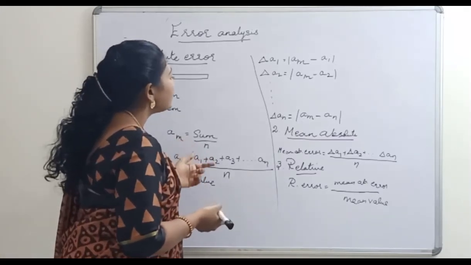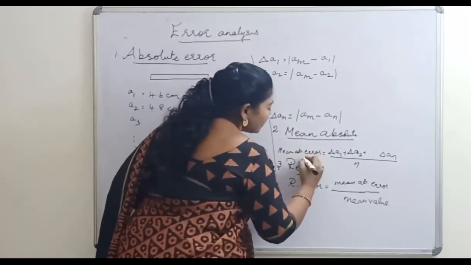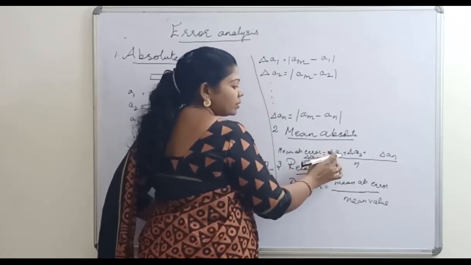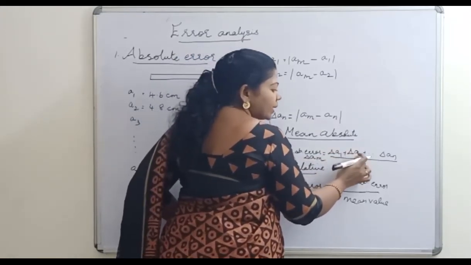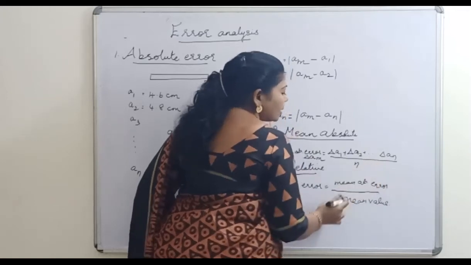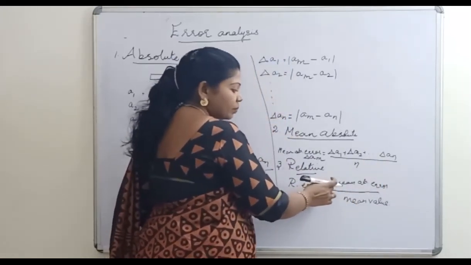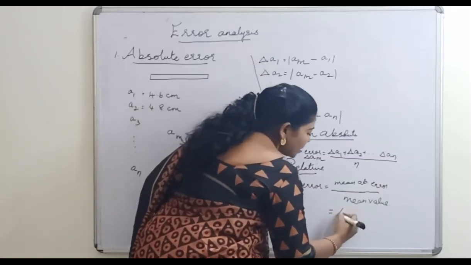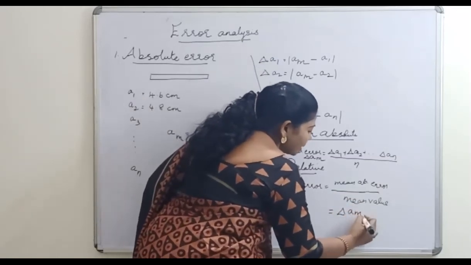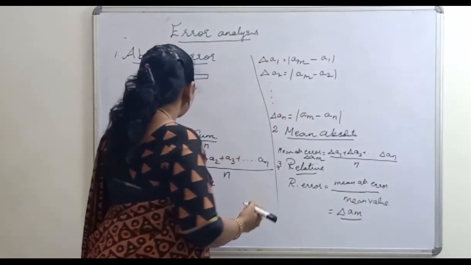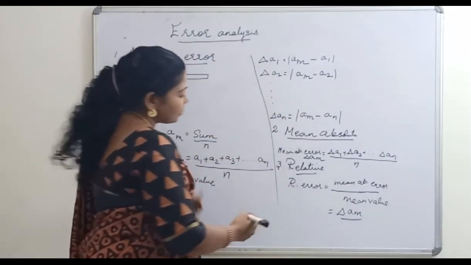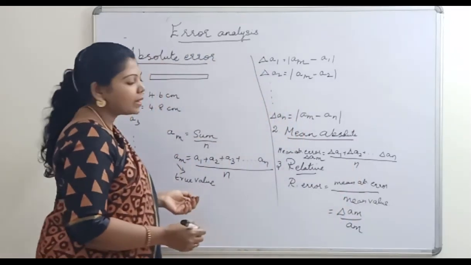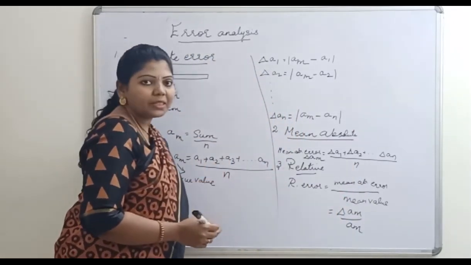So mean absolute error is delta AM, so delta AM is equal to delta A1 plus delta A2 till delta AN by n. Relative error is the ratio of mean absolute error to the mean value, which is equal to delta AM by, what is the mean value? Mean value we have taken as AM. So delta AM by AM is the relative error.